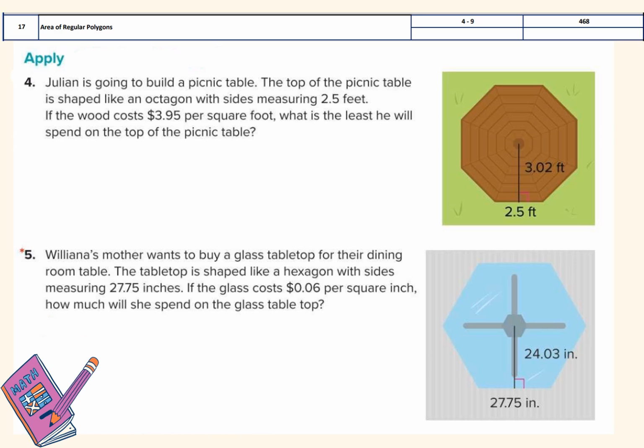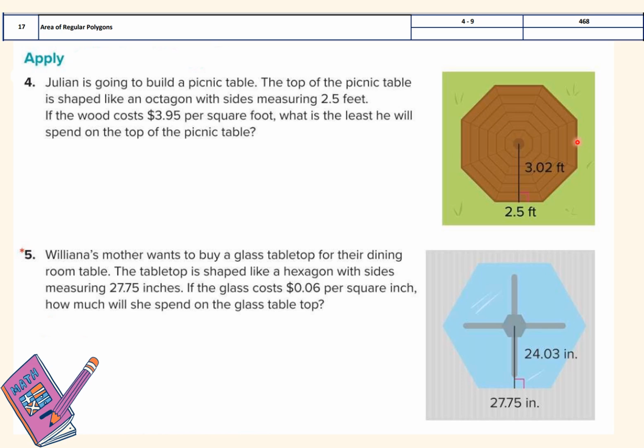In this question, we need to find the total cost, as requested here. What is the least he will spend? So they need us to find the cost. To find the cost to cover the table, we need to find the area of the table. The table is an octagon, and an octagon has 8 sides, as you see here.